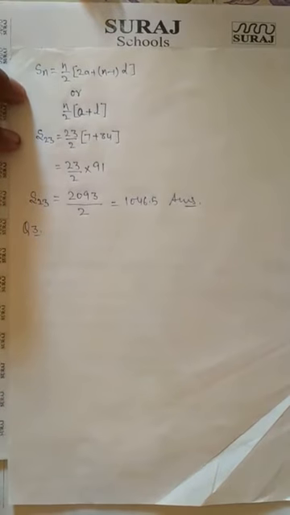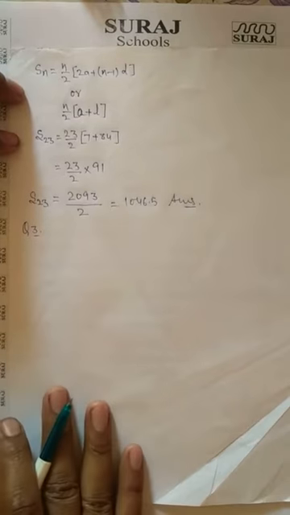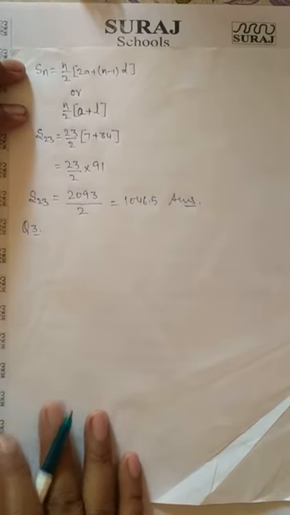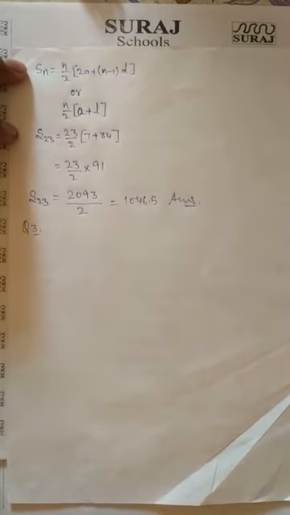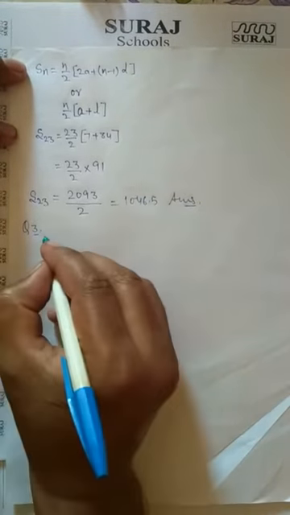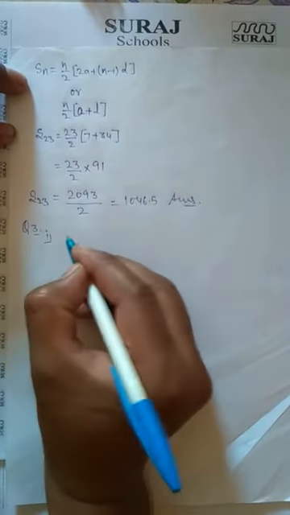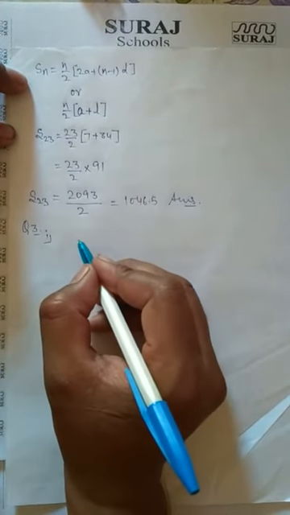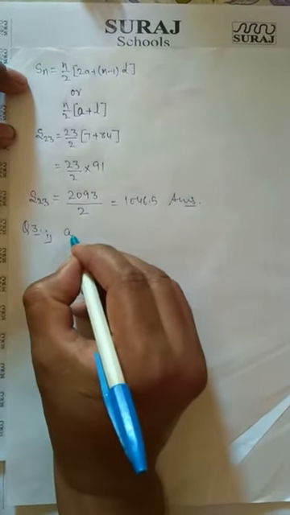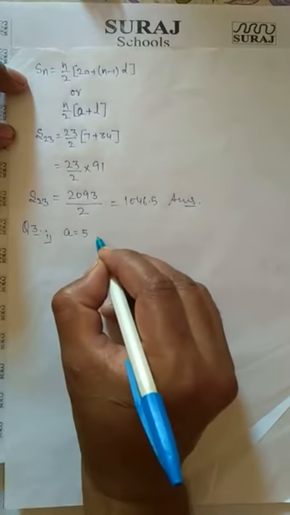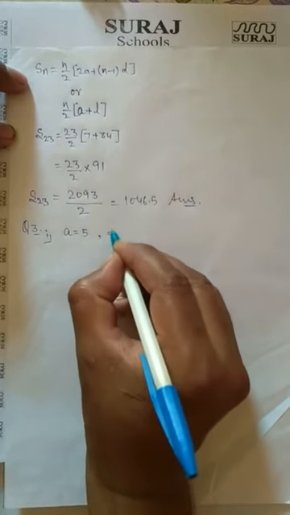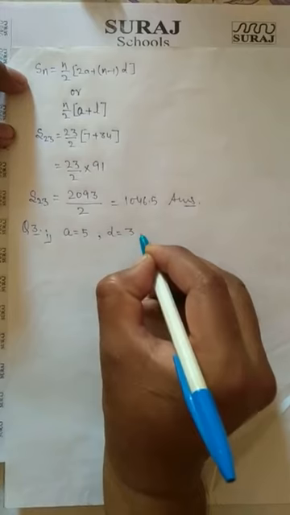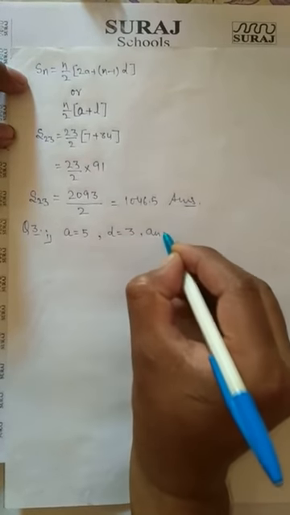Question number third has 10 parts, and students, first of all you decide which terms of the AP are given here. Suppose I pick up the first part of question three, that is given: a is 5, d is 3, an is 50.